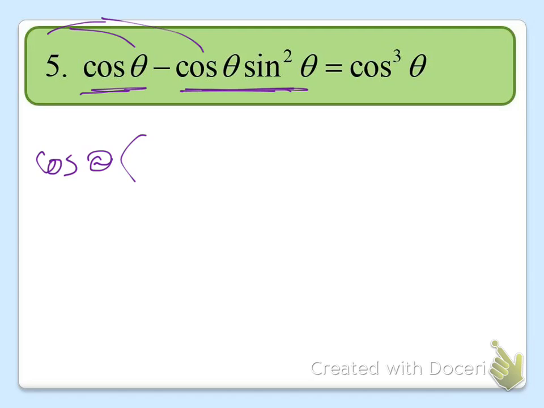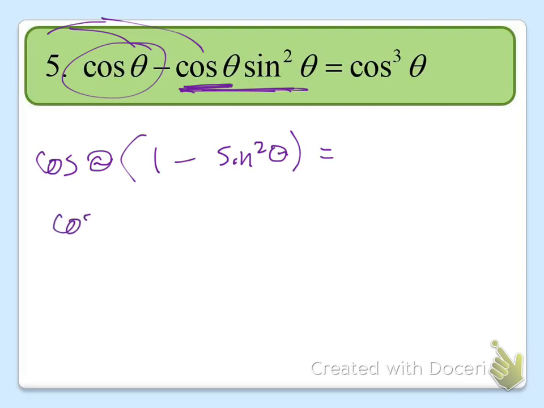When we do that, this works just like it does when you did it in algebra class. I'm going to pull a cosine theta off of cosine theta, and if I do, I have to leave a 1 behind. I take this cosine theta off, and I'm left with sine squared theta. Now, 1 minus sine squared, again, feels like an identity, and it is. 1 minus sine squared is the same thing as cosine squared.